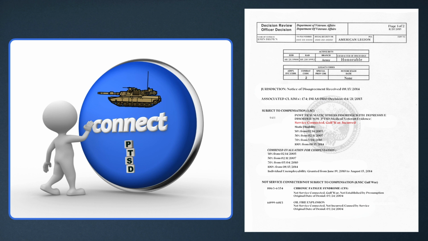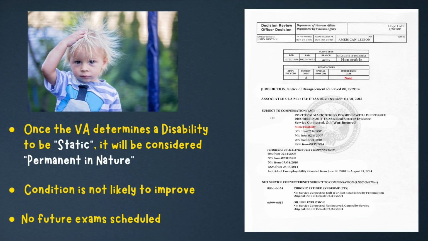This is reflected on the code sheet with the statement that says, service-connected, Gulf War incurred. Mr. Brown's condition is considered to be static. Once the VA determines a disability to be static, it will be considered permanent in nature in most cases. This means that the condition is not likely to improve. And, as stated earlier on the code sheet, no future exams are scheduled.